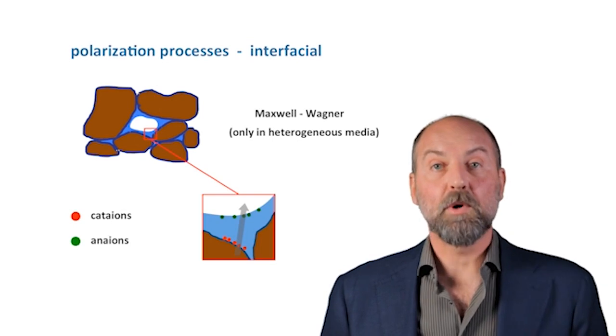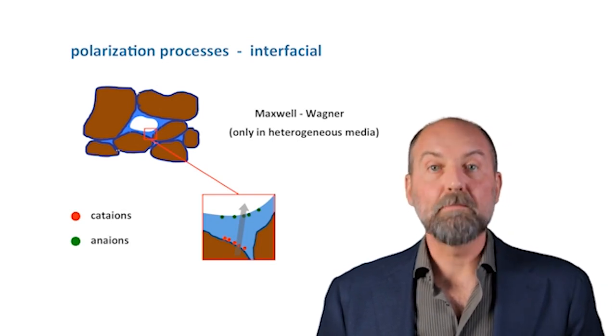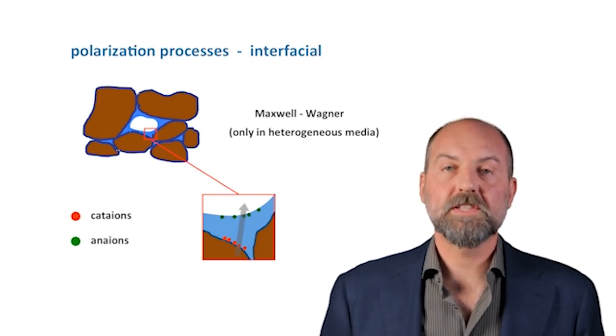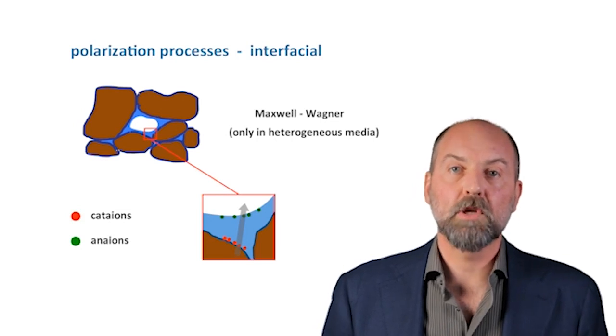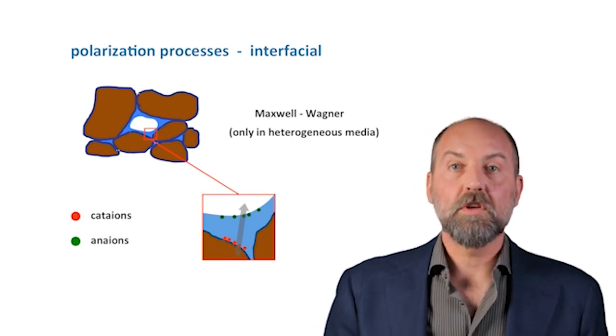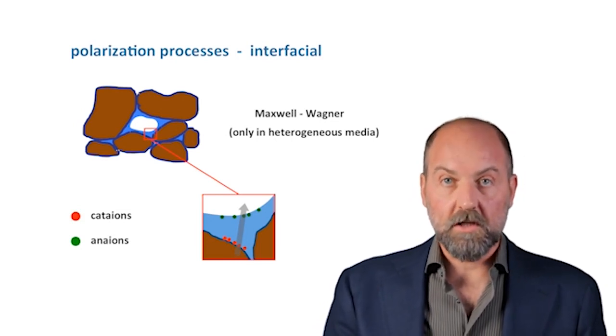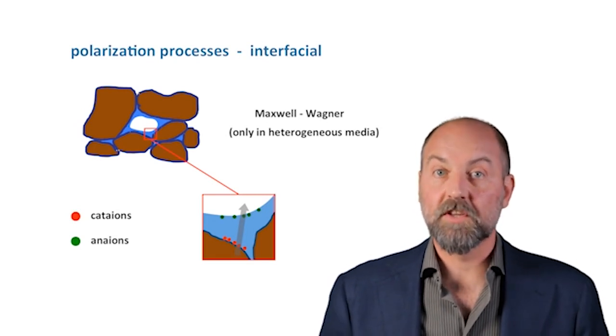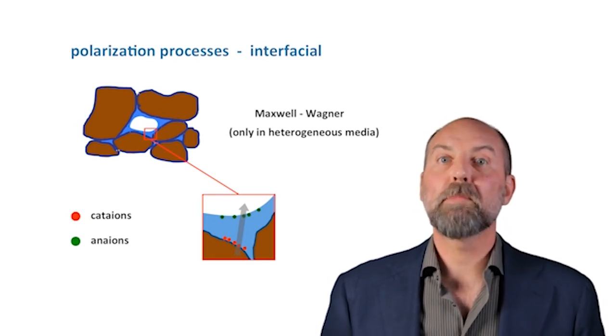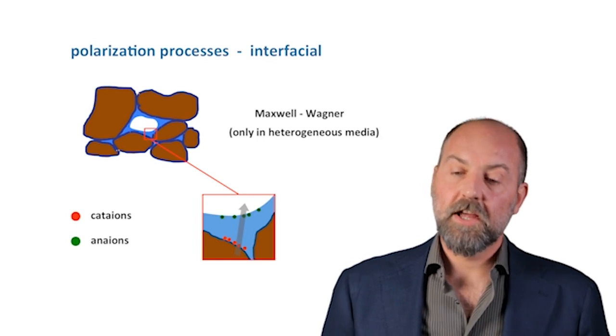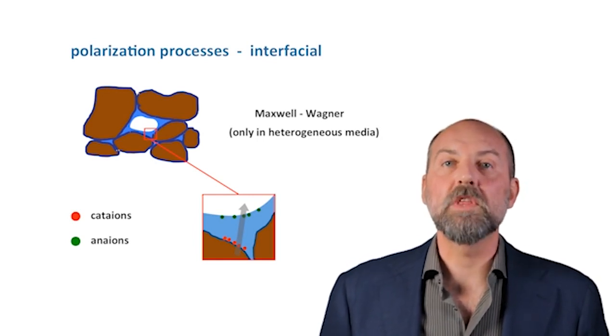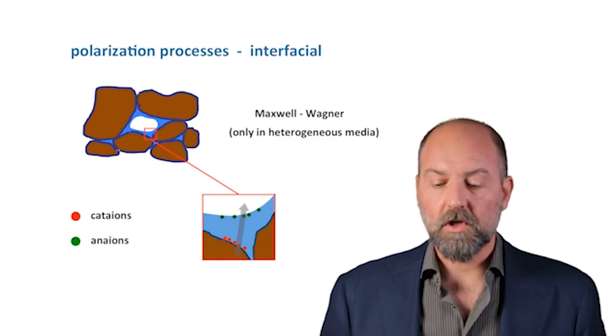And this dipole can be very large, compared, for example, to the permanent dipole of the water molecule. If you imagine that not only the amount of charge, but also the distance is orders of magnitude larger than the distance within one single water molecule.